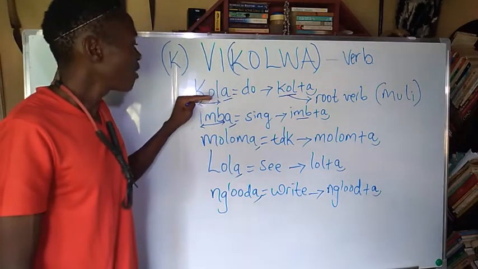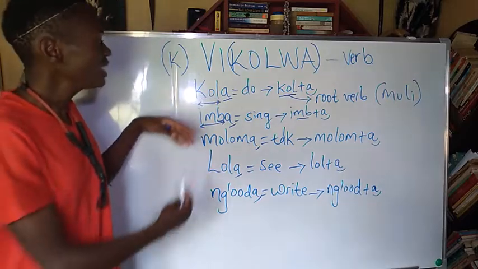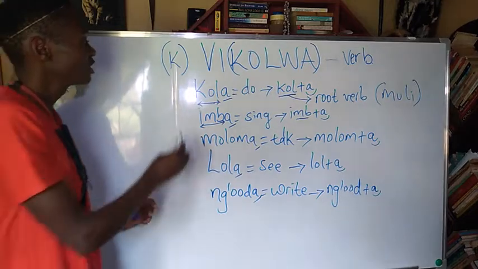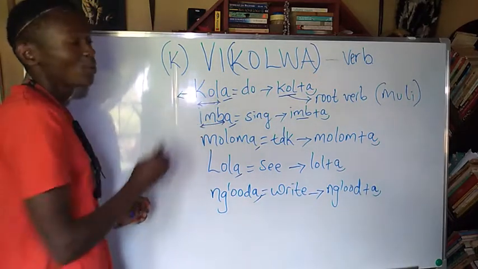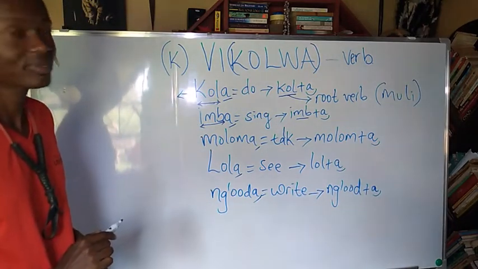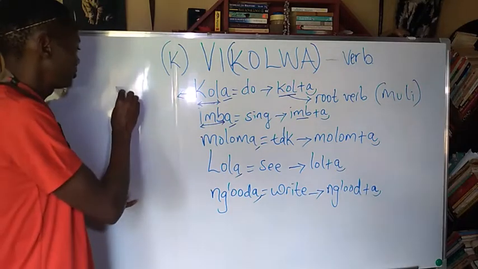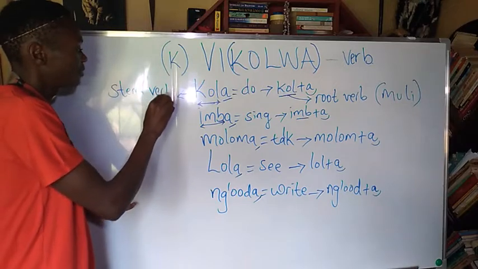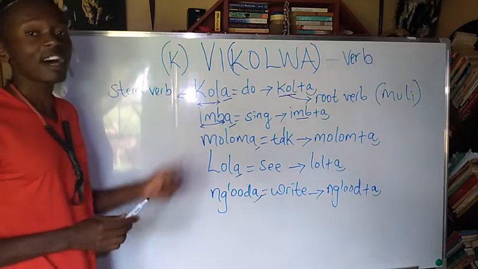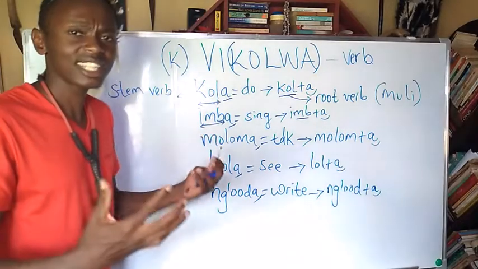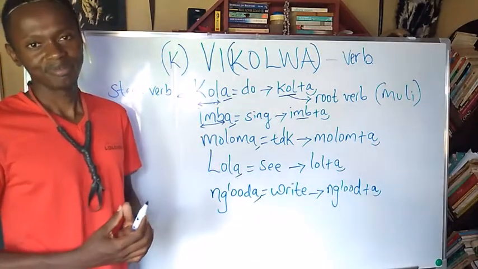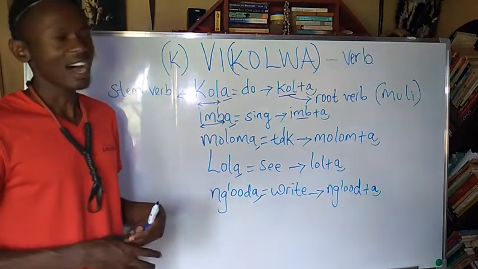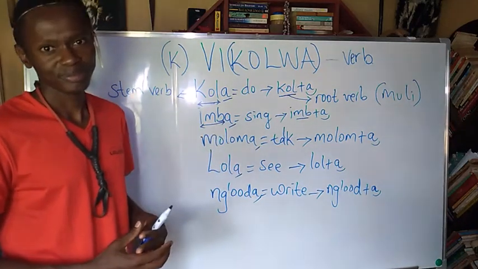Why do we write our verbs this way? Or rather, why did I start by teaching this way or explaining this way? It is because this first part, we can call it the stem verb. The stem verb, it is the existence of the verb in its natural, or rather unstudied form.